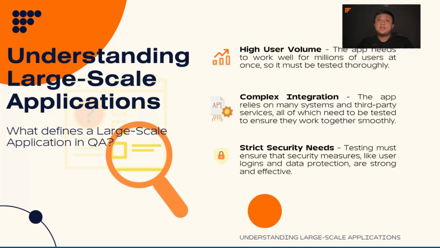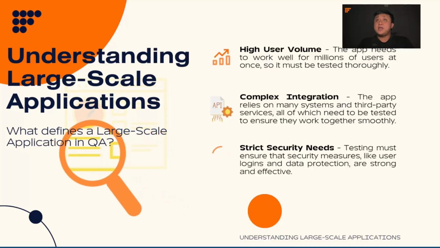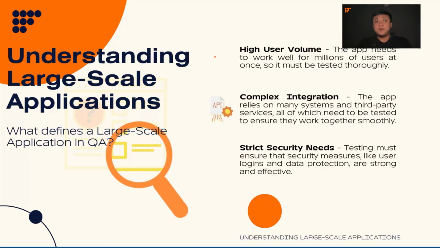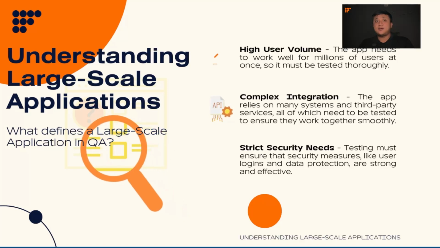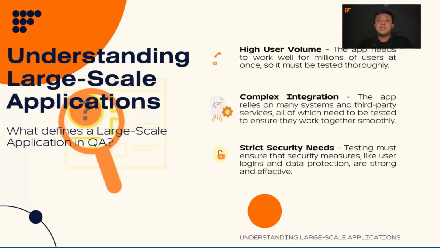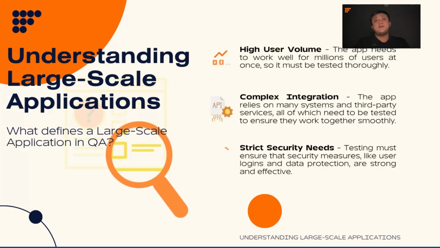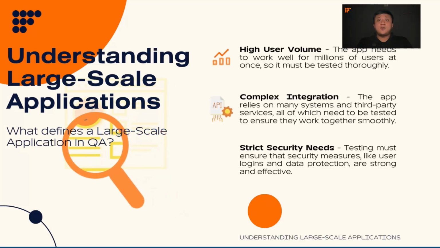So, what defines a large-scale application in QA? Large-scale applications are those with a huge number of users, complex systems working together, and strong security needs. These apps are crucial because any issue can have significant consequences, so they require thorough testing.